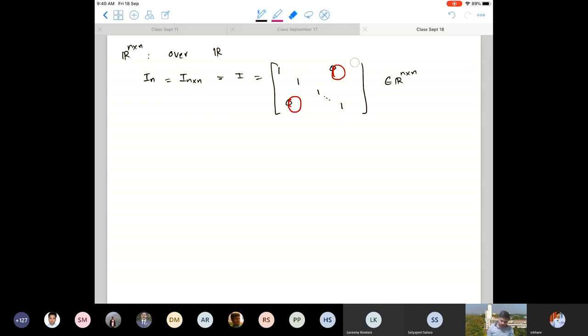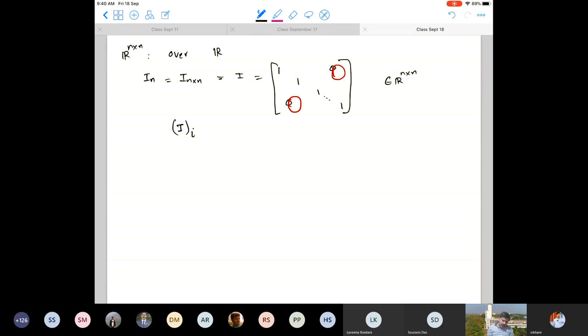It's an n by n matrix. And this is how you define it, right? Writing I_m may not be precise, because m can vary. This is about n cross n. Okay, so it's an n cross n matrix, yeah.